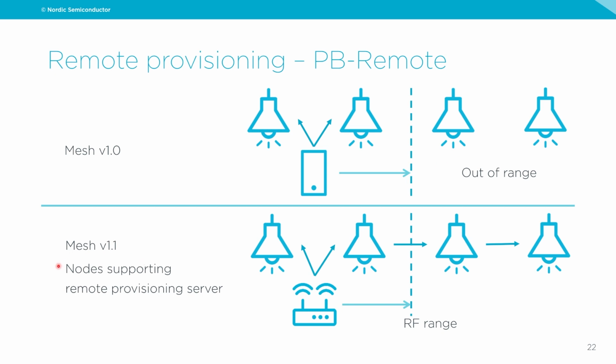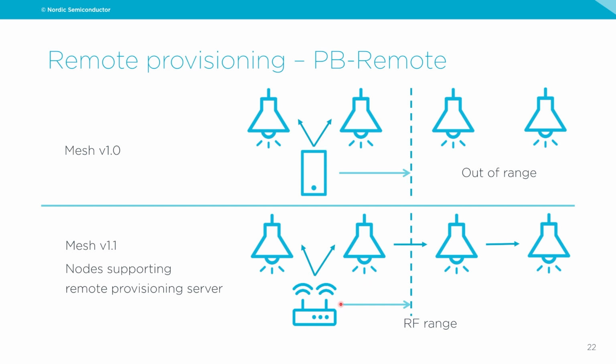And now with the remote provisioning that's being introduced in the Mesh 1.1 specification, you can have a device that is static, like, for example, a gateway, which you can easily move around to be within RF range. You start by provisioning the devices that are in RF range, and then those devices can use the mesh network to provision other devices which are not in direct range of the provisioner.